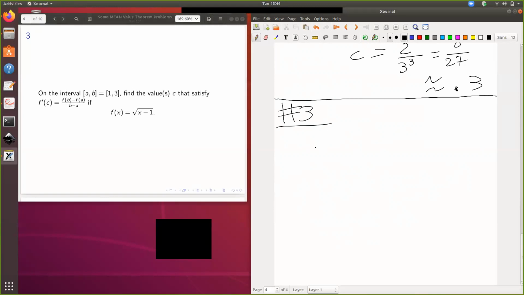Basically the same question. So let's go ahead and slap down our derivative. We get f prime of x equals 1 over 2 times square root of x minus 1, times the derivative of this inside part, which is just 1.